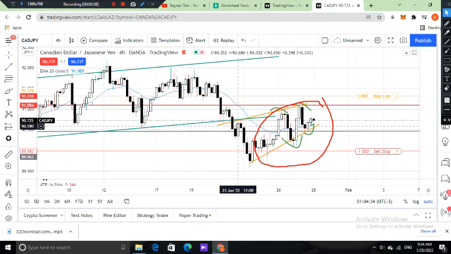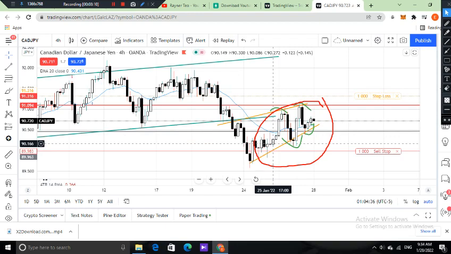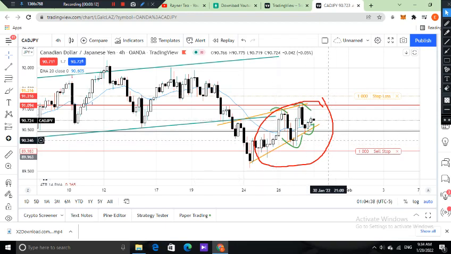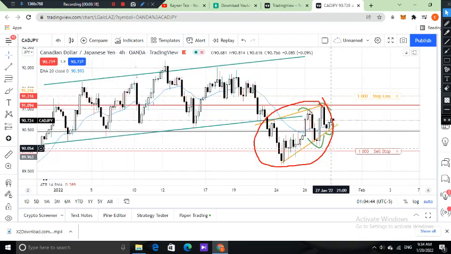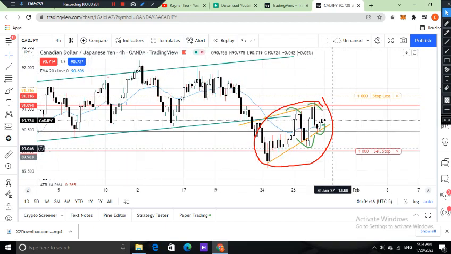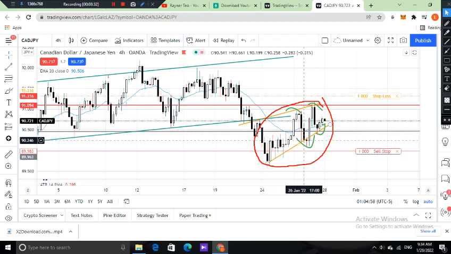We have this one, but this, I don't know. Yes, we can consider it as a wedge or channel if you look at it. And we usually expect to see a bear breakout below a bull channel. If there is a bull channel, we expect to see a bear breakout below it.